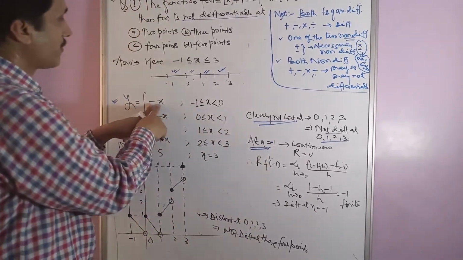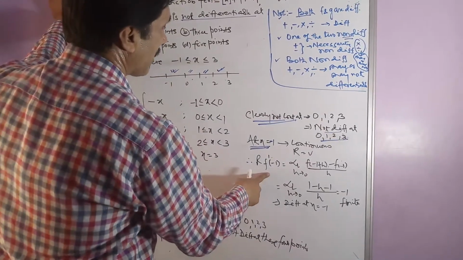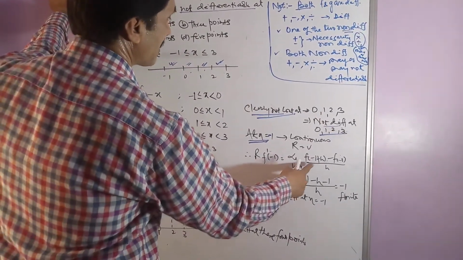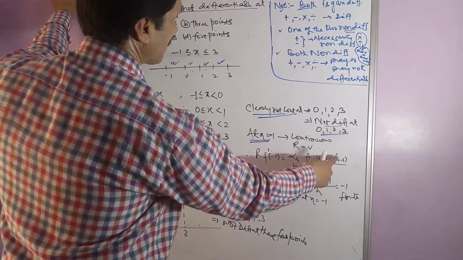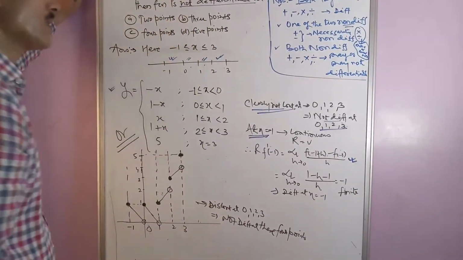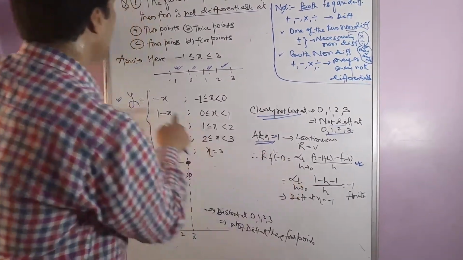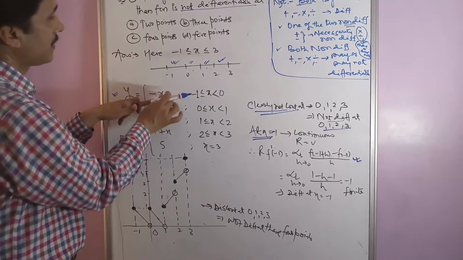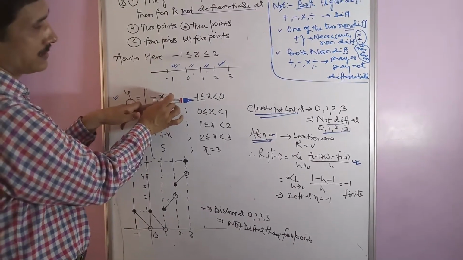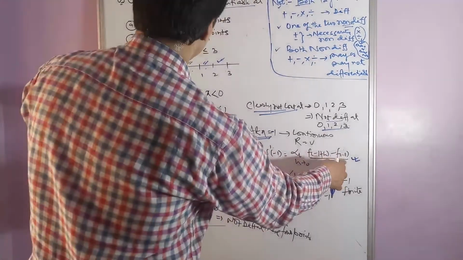The function may or may not be differentiable at x equal to -1, so we write f dash of -1 as the limit as h tends to 0 of f of -1 plus h minus f of -1, divided by h. This is the formula of differentiability at a point.